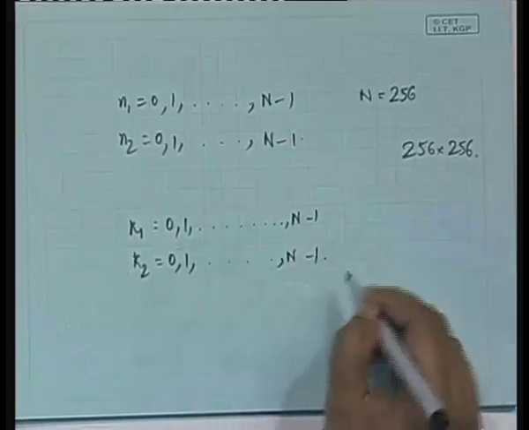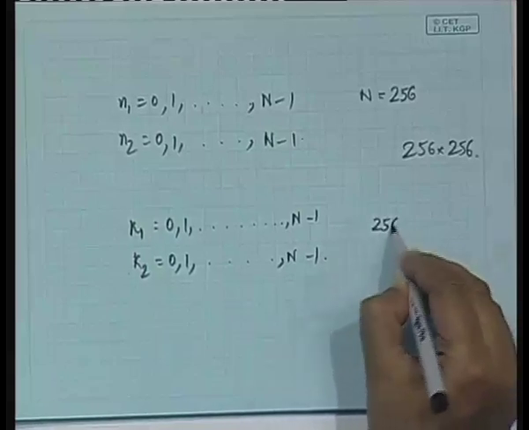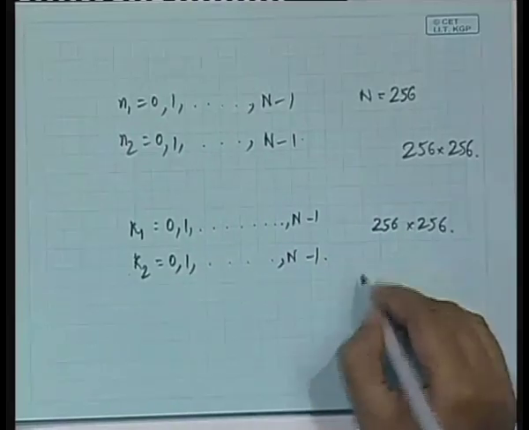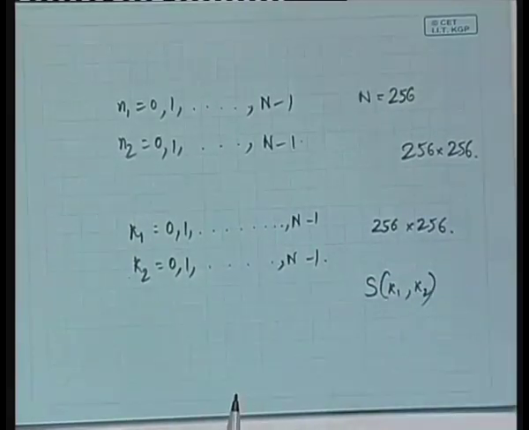Which means that in the k1 k2 space also we are going to have a 256 by 256 array, in other words 64,000 coefficients.